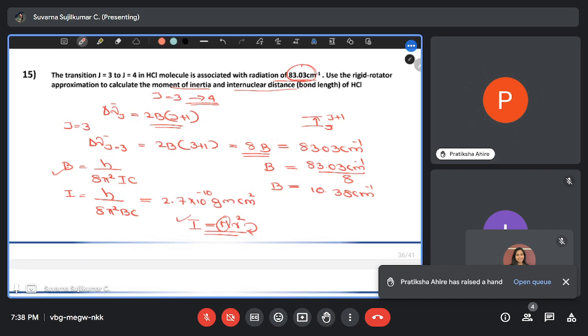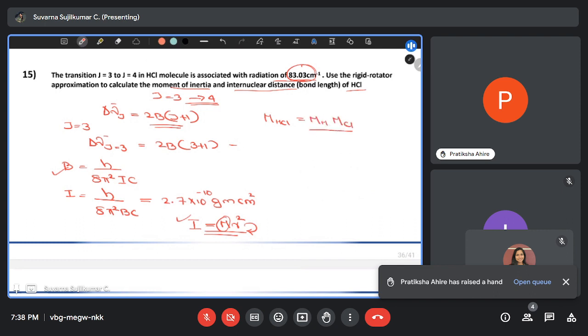Of course, yes, right? The HCl molecule is given. The molecule's chemical formula is given, and with that we can find the reduced mass. The reduced mass of HCl is given by mass of H into mass of Cl divided by mass of H plus mass of Cl.